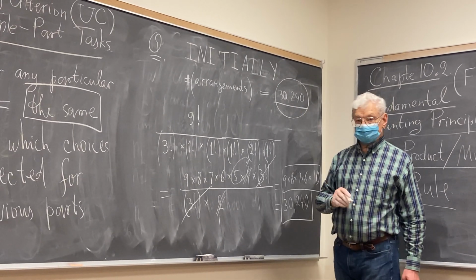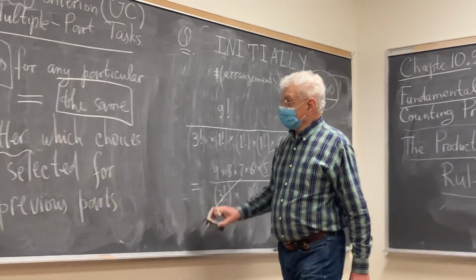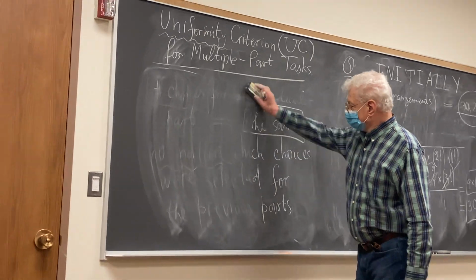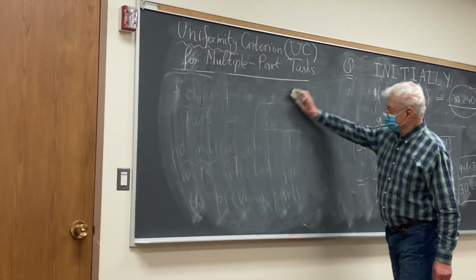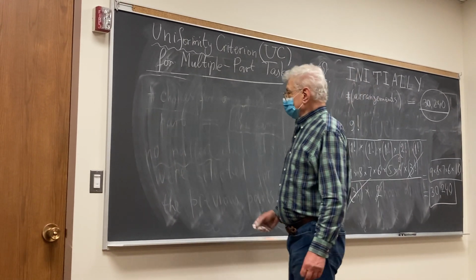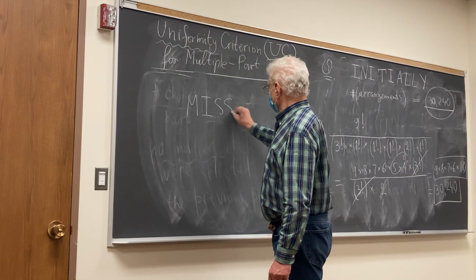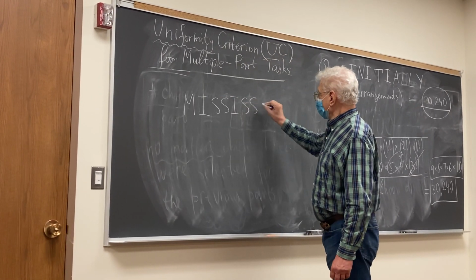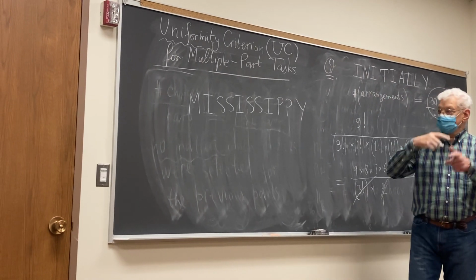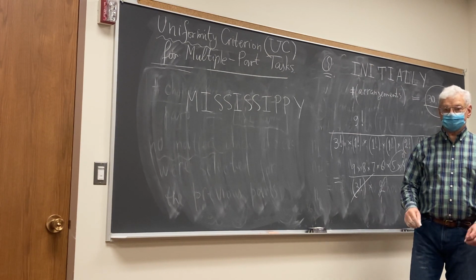And please circle your answer each time when you get it. This is a standard question in all the books and also in the textbook, and I will give it to you on the test or quiz. You have the state Mississippi. Then you rearrange the letters, and how many different rearrangements can you get?